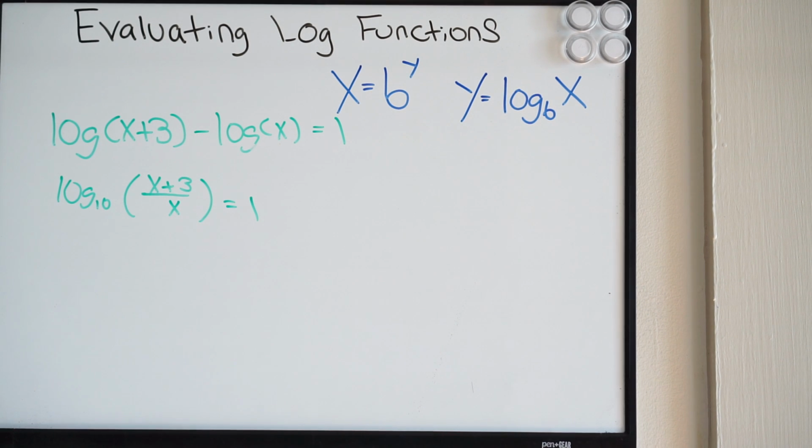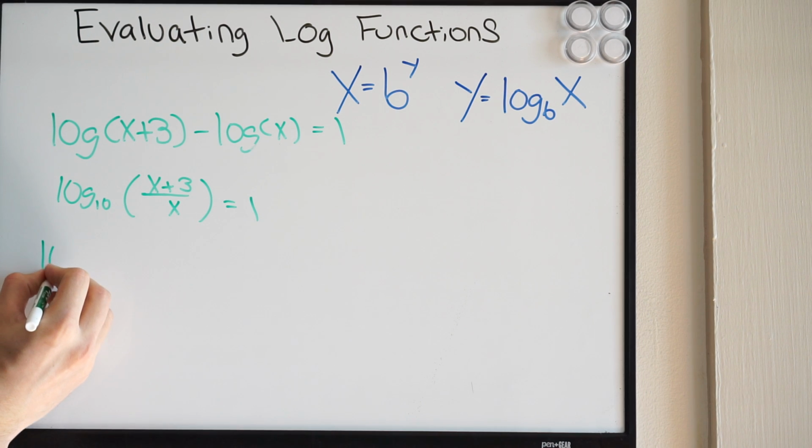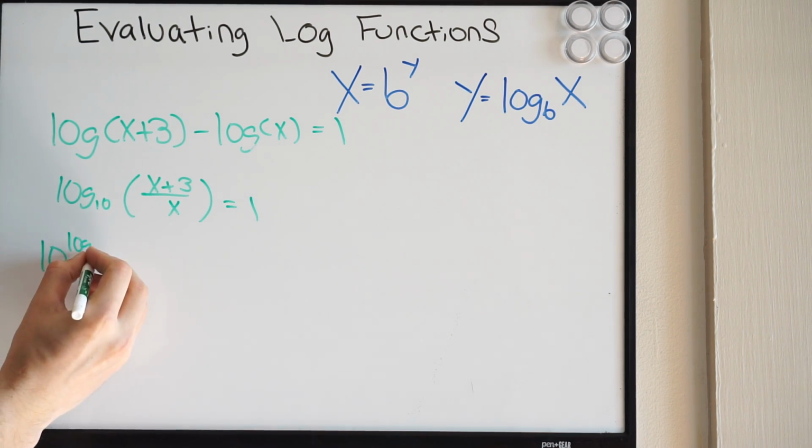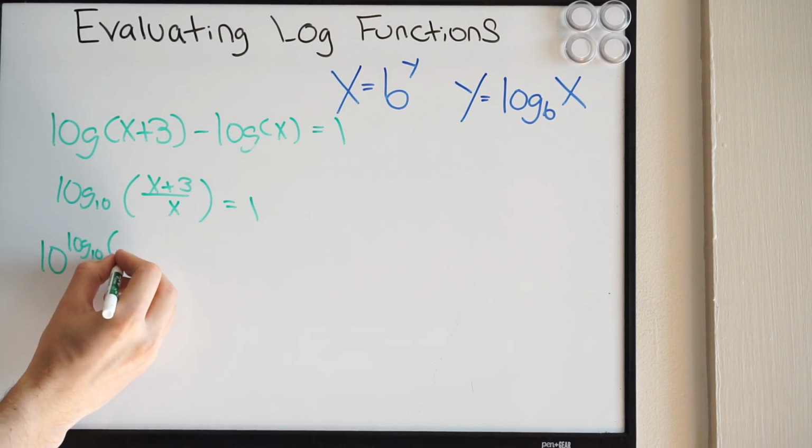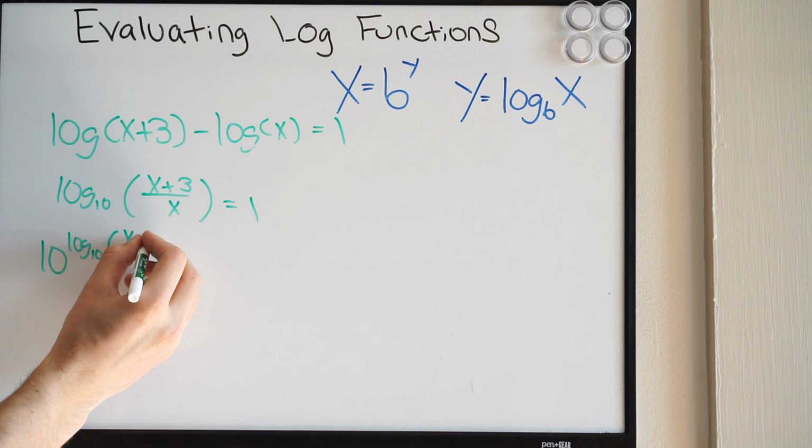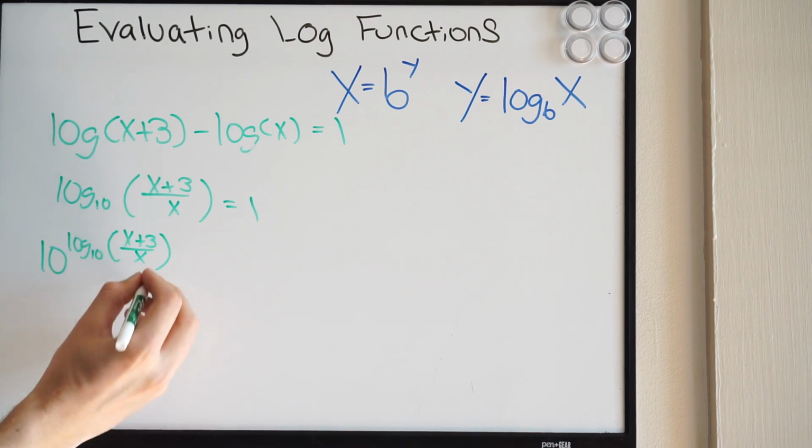Again, same thing. How can we isolate? Our x is here, so what could we do? If we use the inverse property here, we're going to be able to do that. So I'm just going to put a base of 10 here: 10 raised to log base 10 of x plus 3 all over x.